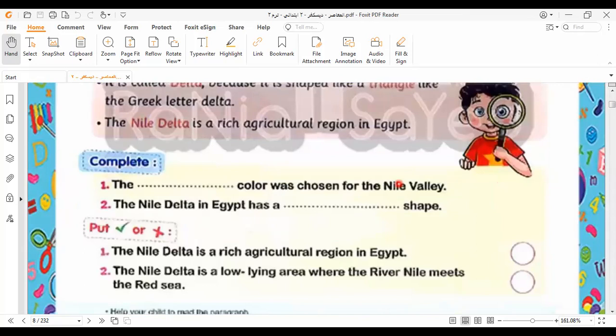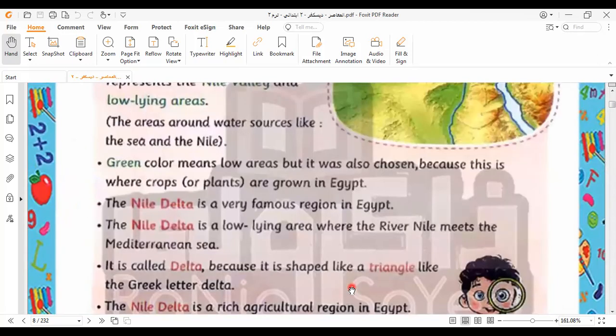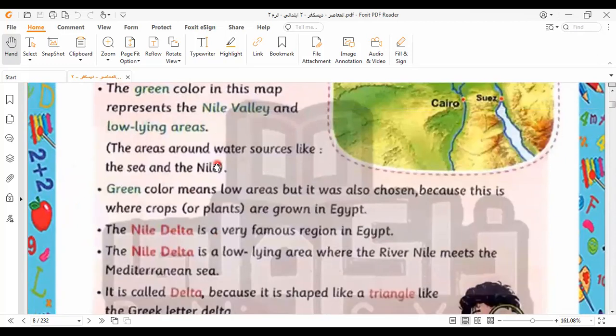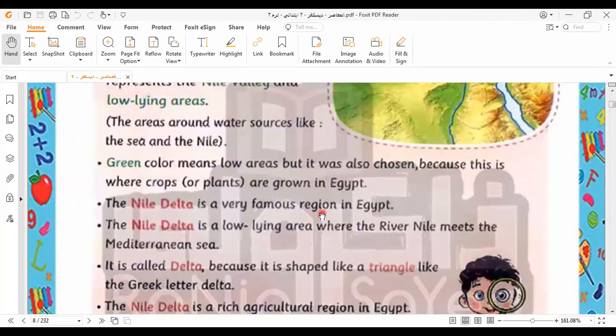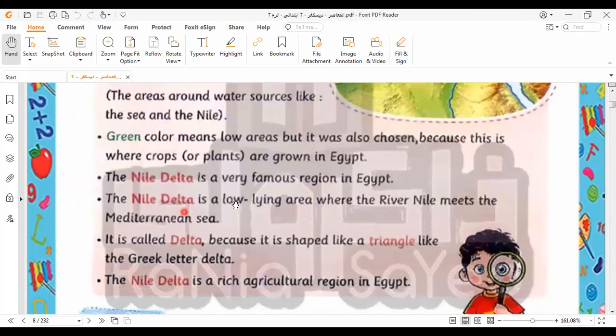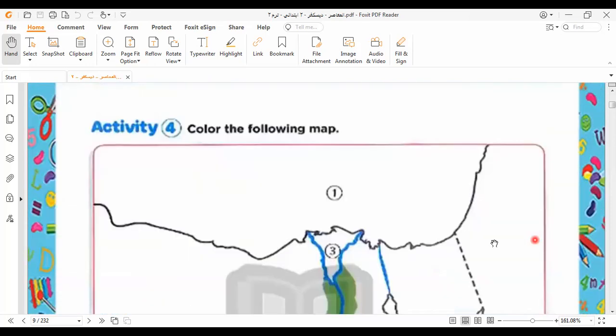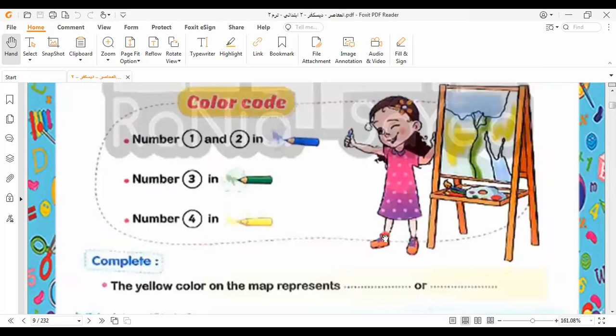Yes, this is this one. The Nile Delta is a low-lying area where the river Nile meets the Red Sea, not Red Sea. Low-lying area where the river Nile meets the Mediterranean Sea, not Red Sea. So I will put it wrong here. Okay, this is wrong. I will leave this exercise for you to do.